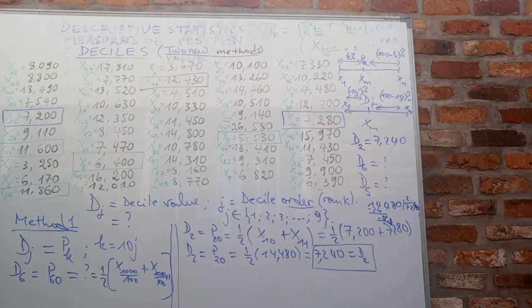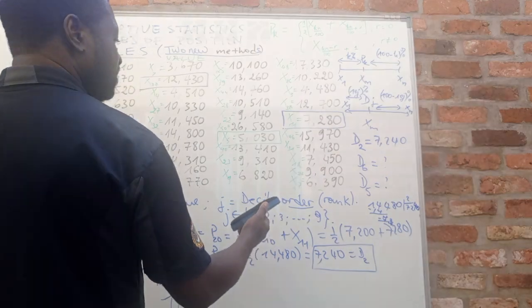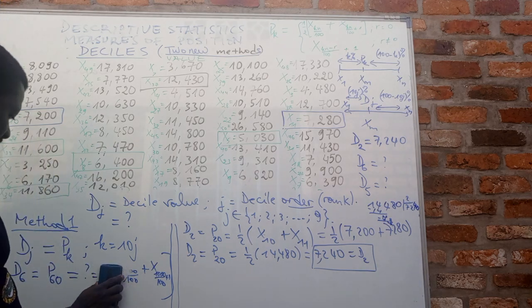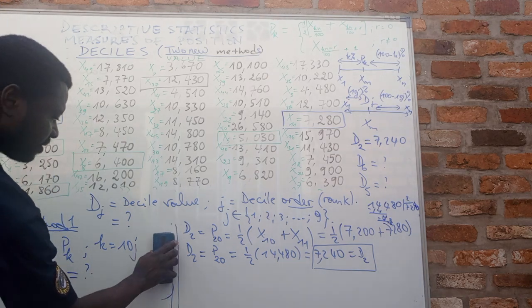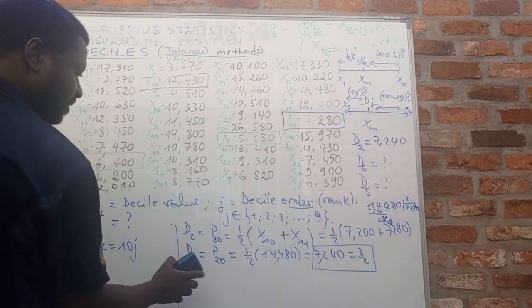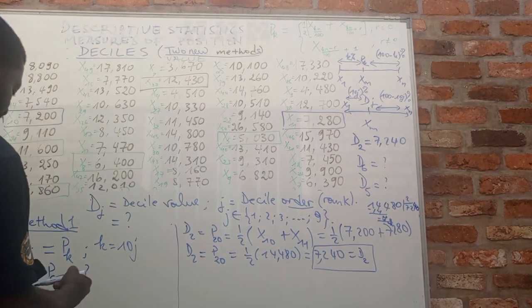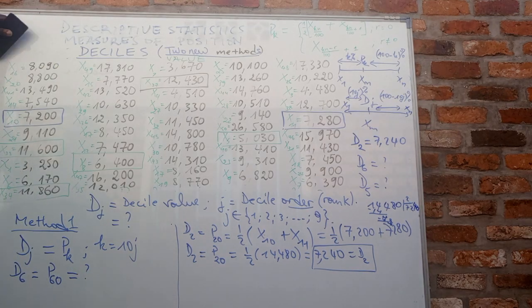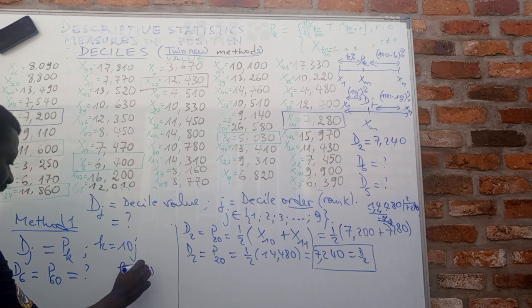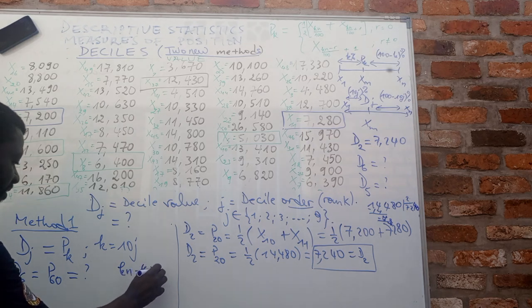So now what do we have? Again, we have to calculate. Here I have to take K times N. K is 60, times N, all values.